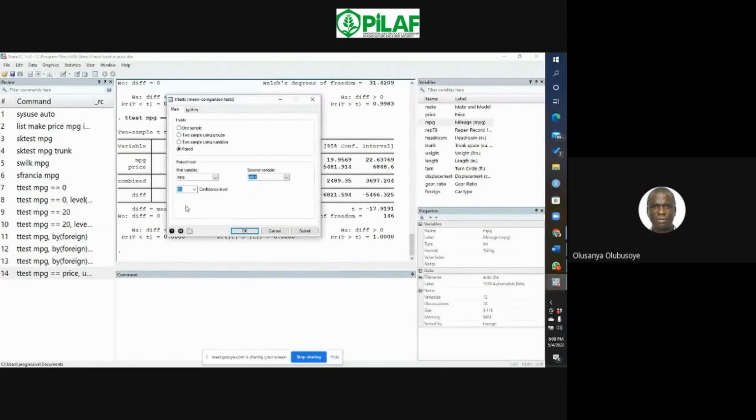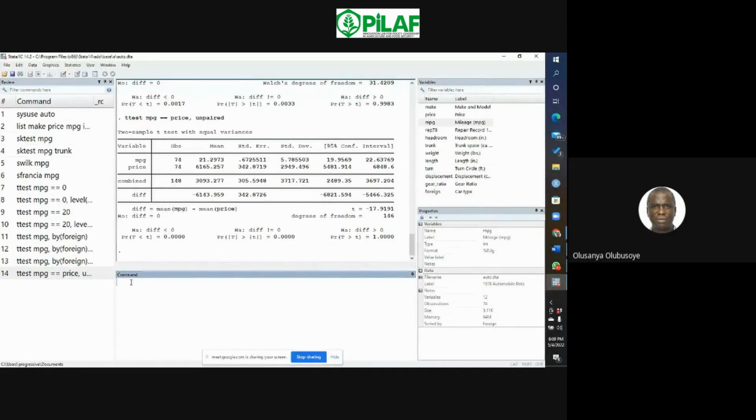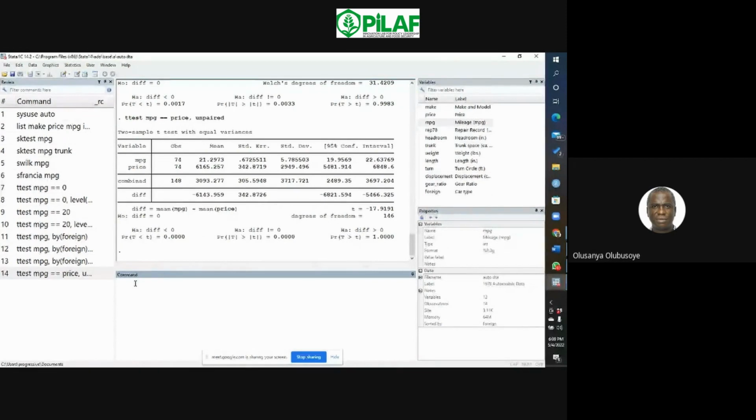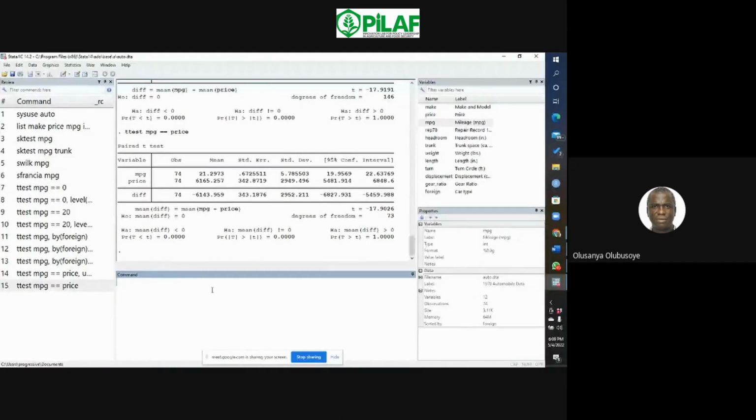So I select price, and then I can copy the command and paste. So this is the test. This time, because there is no option of unpaired, it means the two are paired. So again, the result is not different. So the conclusion is not different.